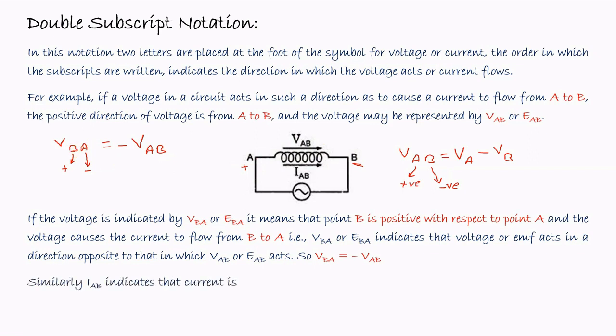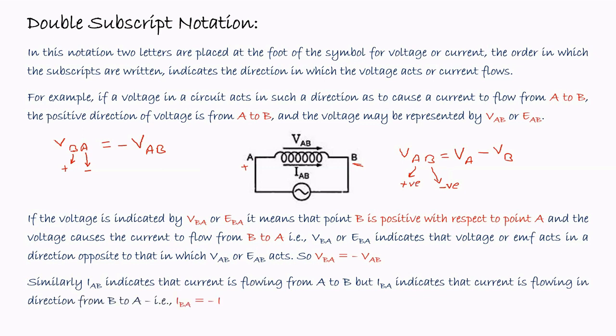Similarly, IAB indicates the current is flowing from A to B, but IBA indicates the current is flowing in the direction from B to A. Therefore, IBA can be written as minus IAB. In this figure, we can see that the direction of the current is from A to B. But suppose we want to mention the current as IBA.